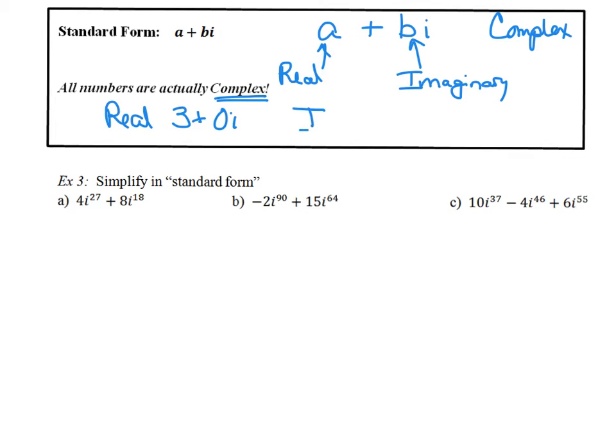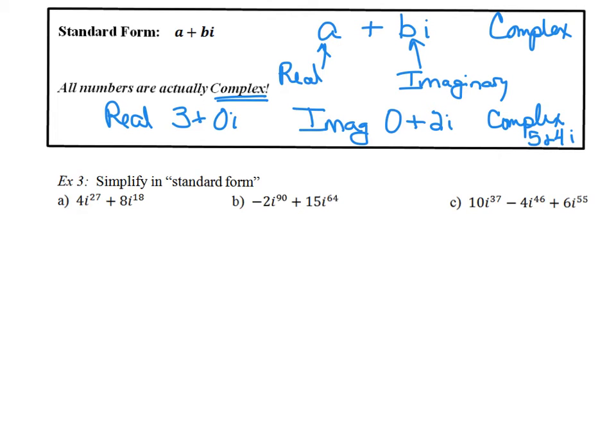A purely imaginary number could be written like this, 0 plus 2i. But when I've got both a real part and an imaginary part that are not 0, I have a complex number, and that complex number would be something to the effect of 5 plus 4i.